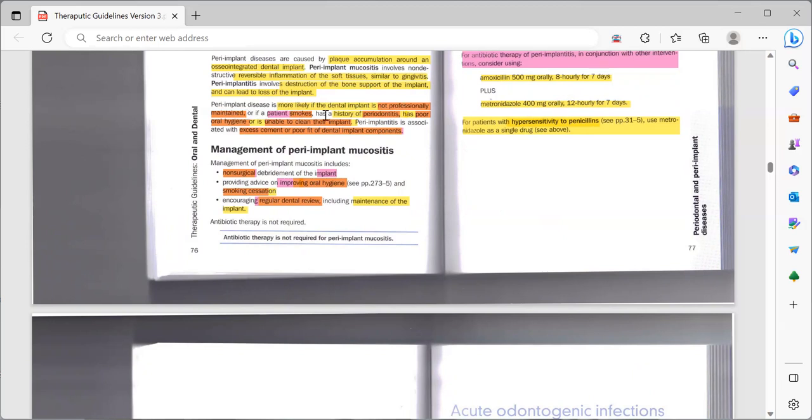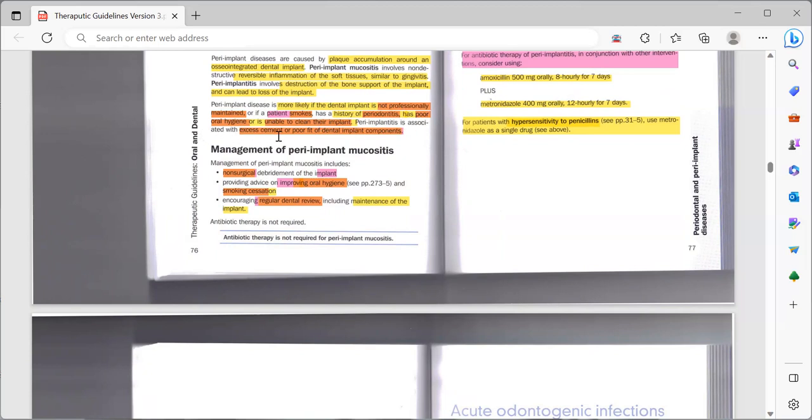And if the patient smokes, that would increase the risk, and if he already has a history of gum issues, has poor oral hygiene, and is not bothered to clean his teeth or gums, or is unable to clean their implant, or does not know how to use super floss, or does not know how to specifically clean around the implant.